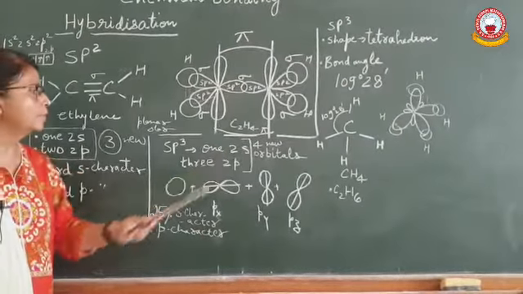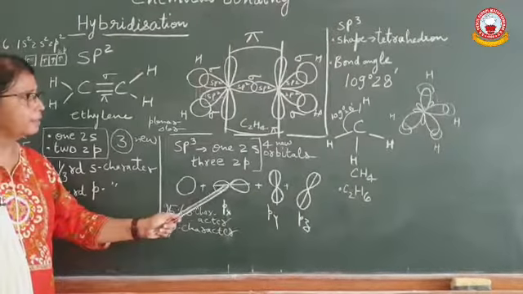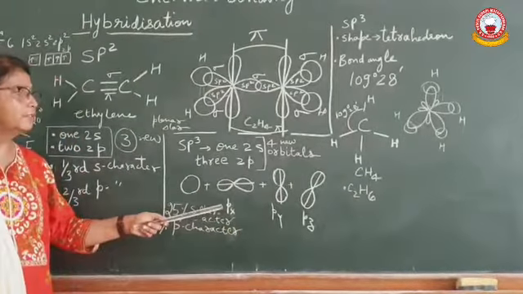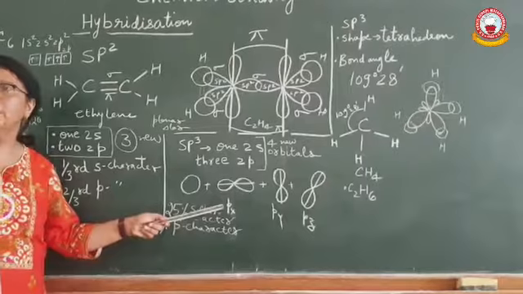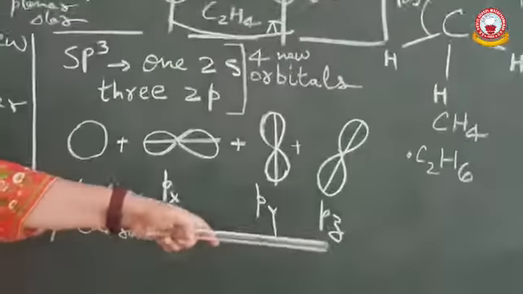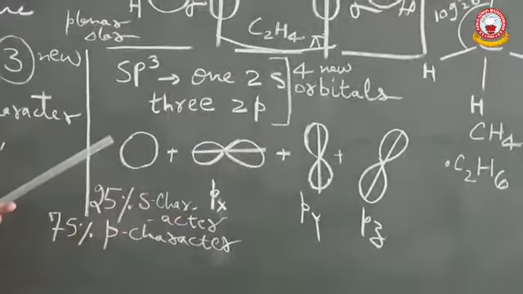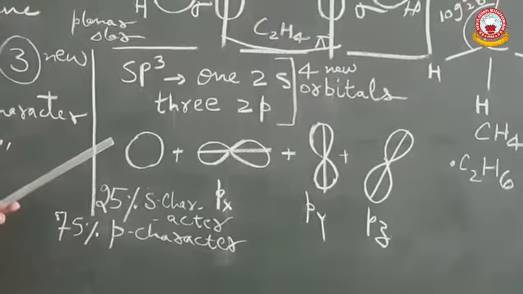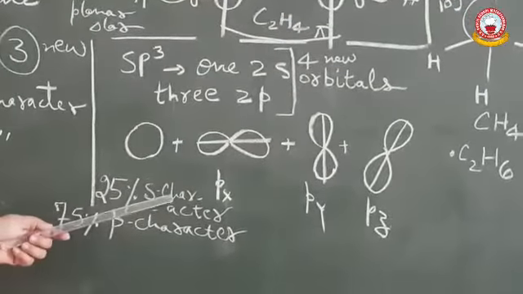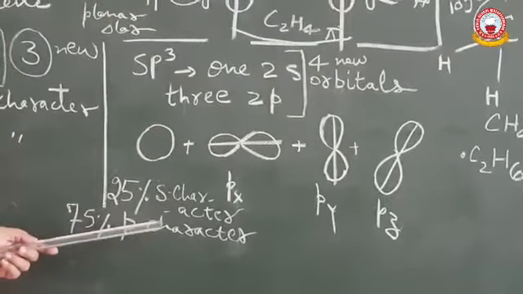So, 4 are formed. Diagrammatically you can see here, this is 1s and these are 3p orbitals, because p orbitals are oriented in space in 3 directions, that is px, py and pz. So, these 4 orbitals will be mixing. What will be the result? You will be getting 25% s character and 75% p character.